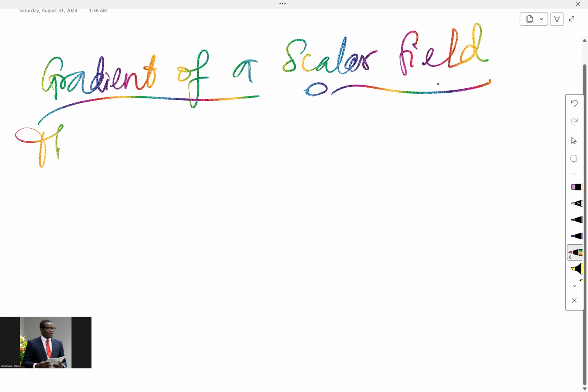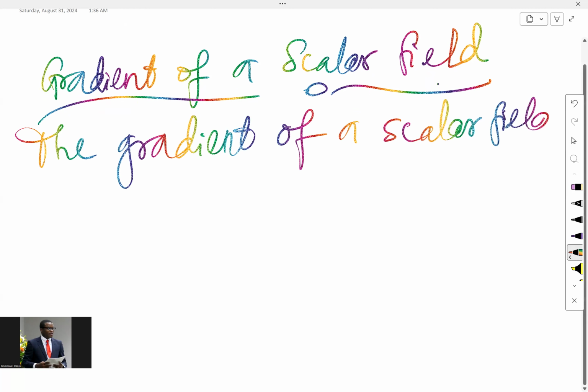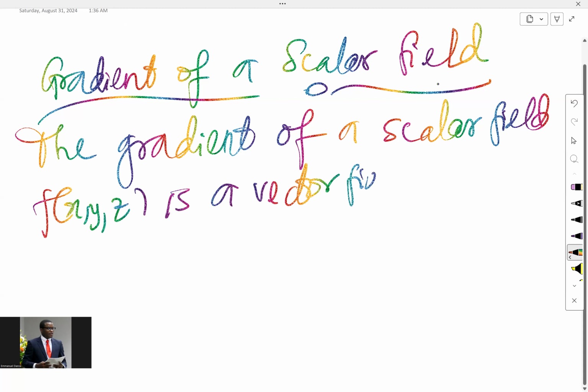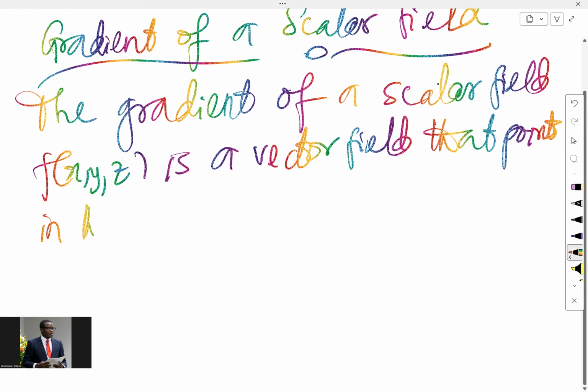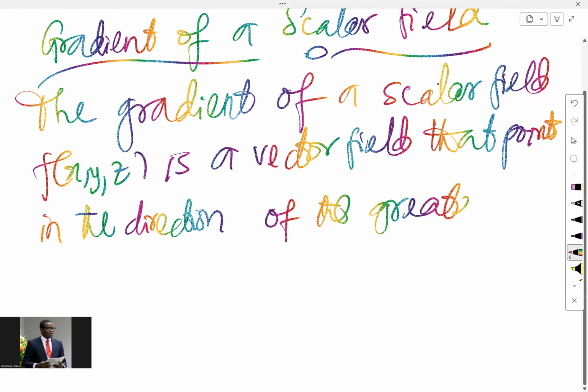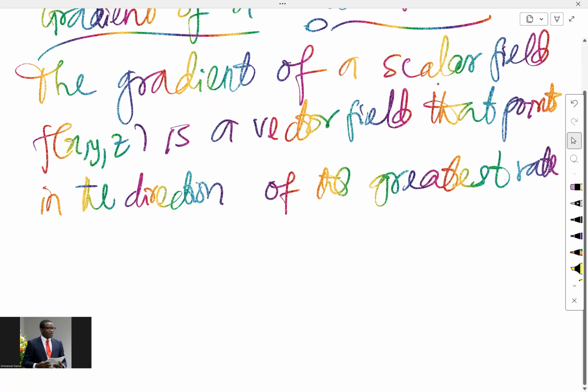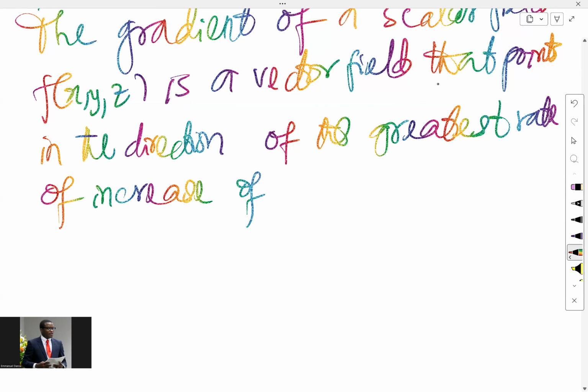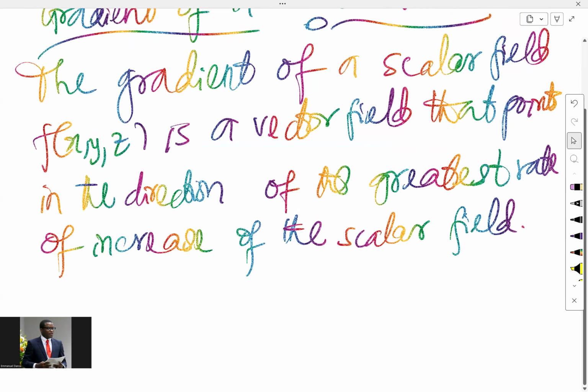The gradient of a scalar field f of x, y, z is a vector field that points in the direction of the greatest rate of increase of the scalar field.